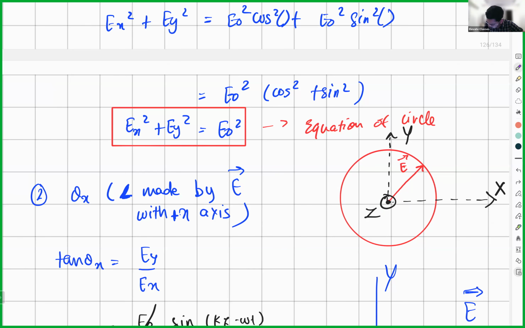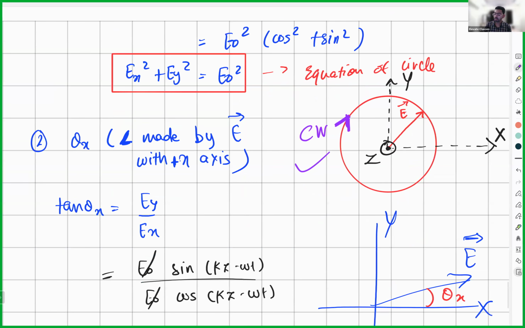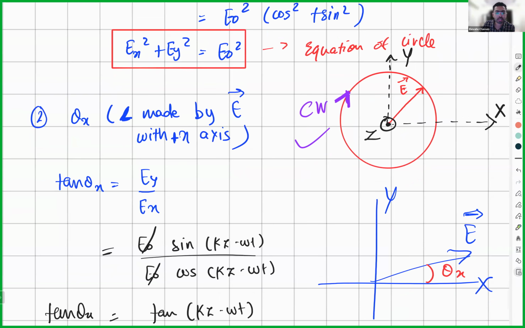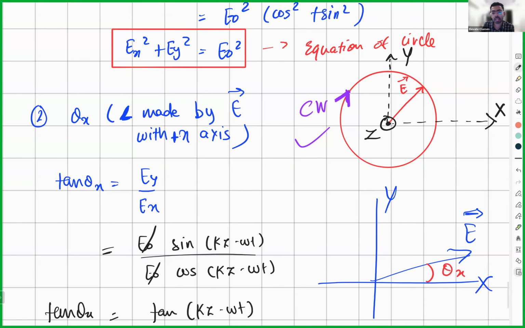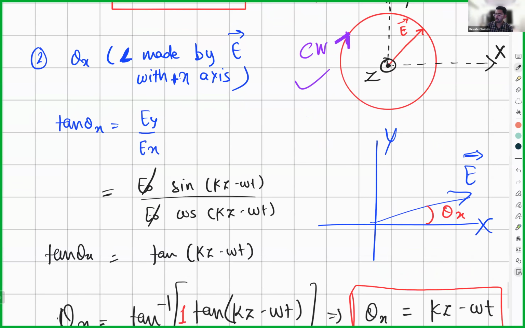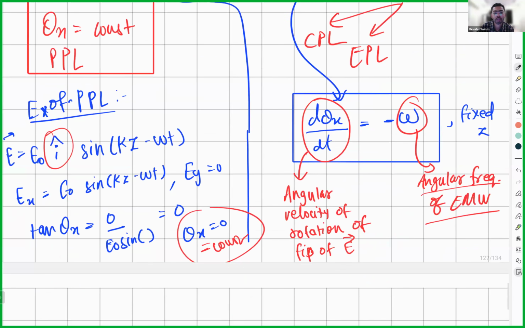This is correct. So this is how you check whether you have a clockwise or anti-clockwise orientation, by the propagation direction as well as the sign of the angular velocity.